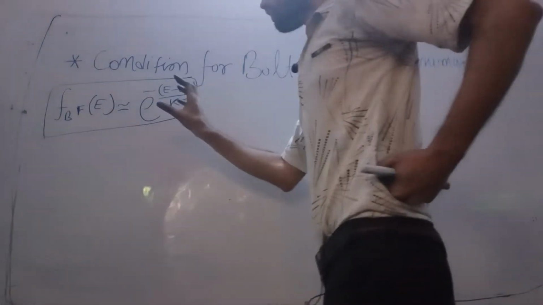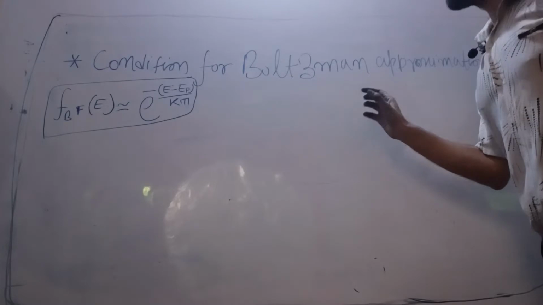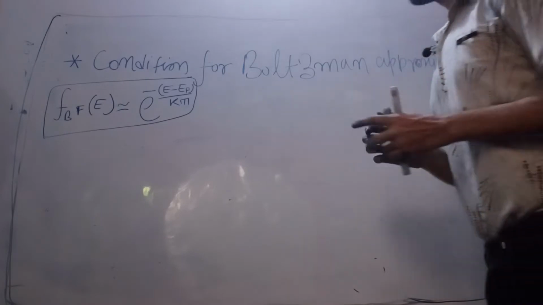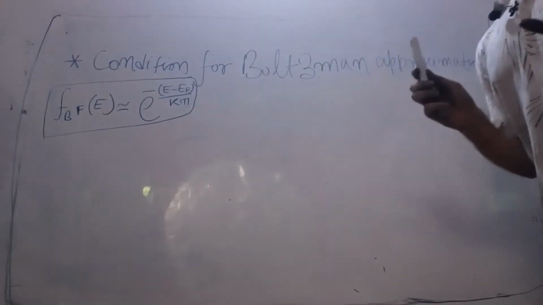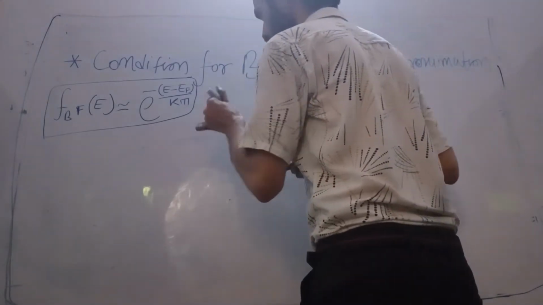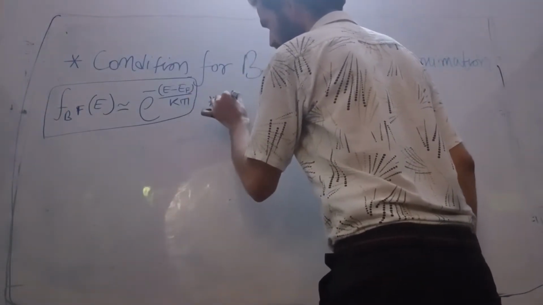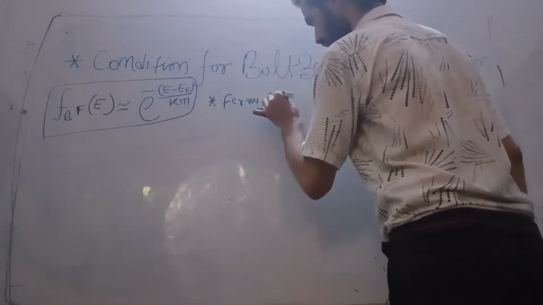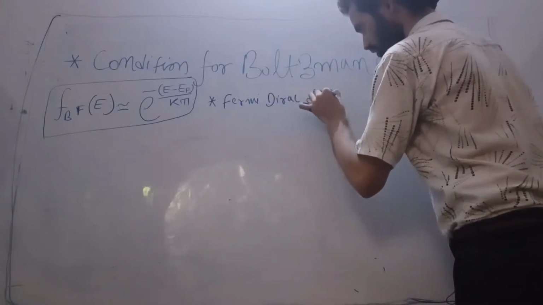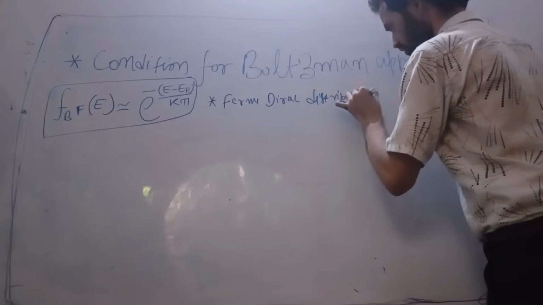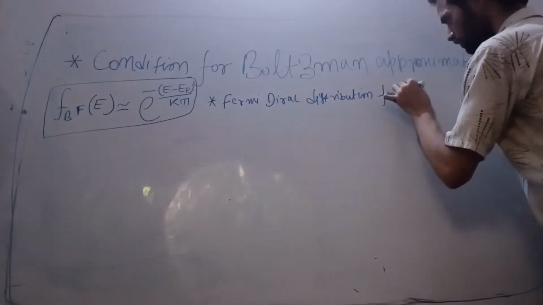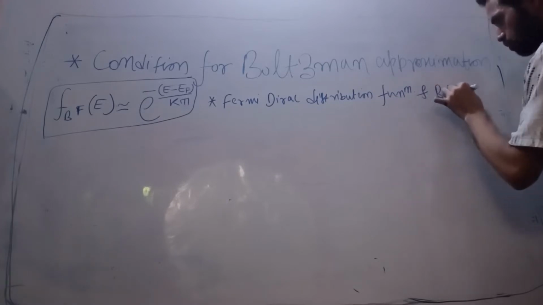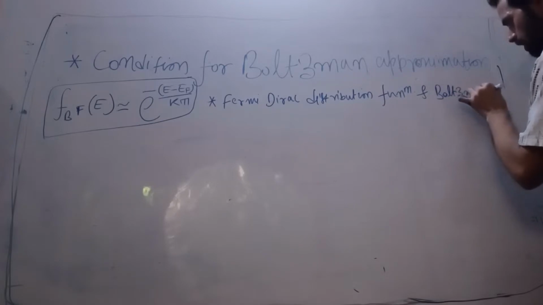So it is very important to know when we have to take this Boltzmann approximation into account in order to calculate the charge carrier concentration. First of all, you should know the Fermi-Dirac distribution function and Boltzmann approximation.